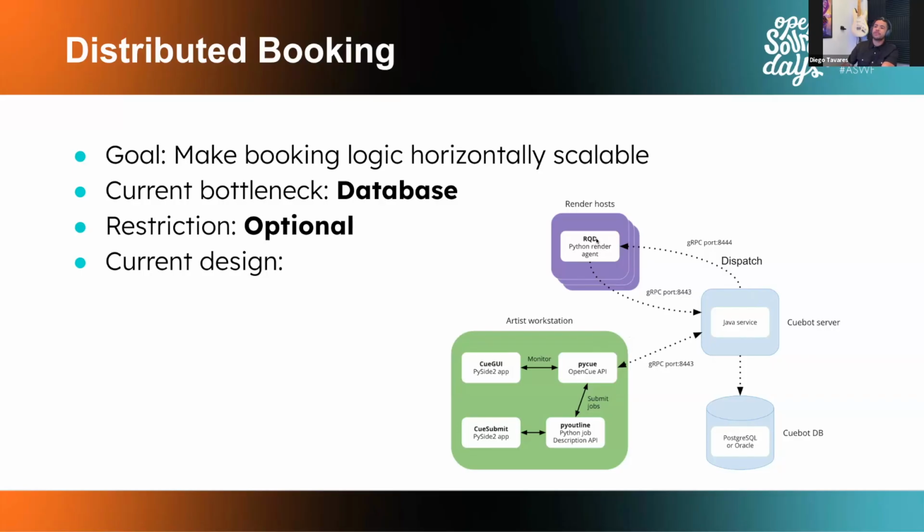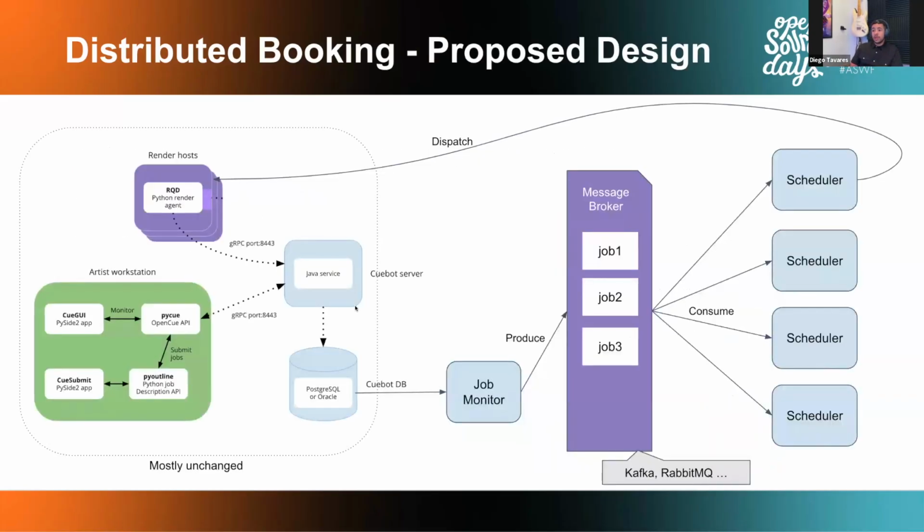So the new solution needs to take into consideration that some users still want to use the simple version, but big studios might want to use the newer solution, which is the one that's been proposed. And this is just a proposal, nothing is written in stone. Everything here can and probably will change.